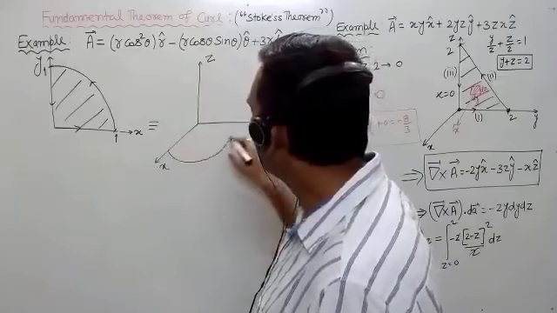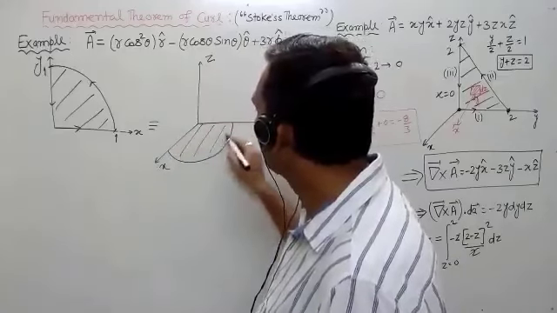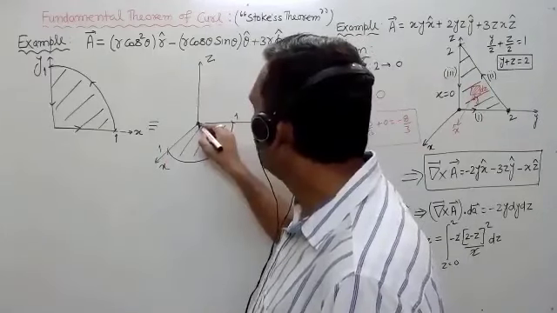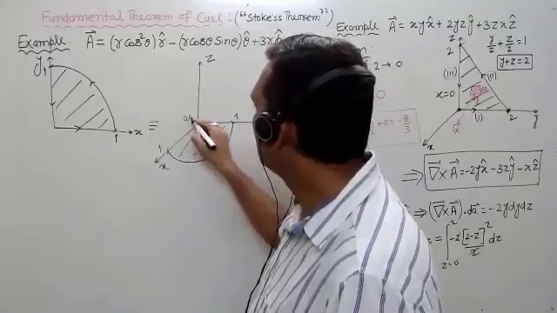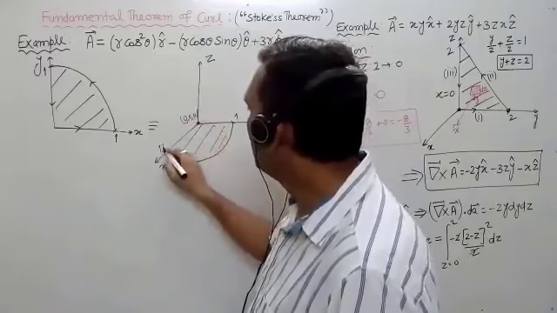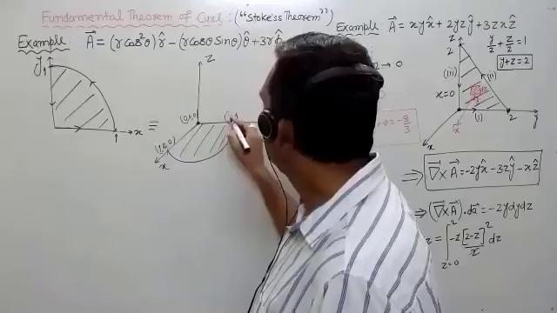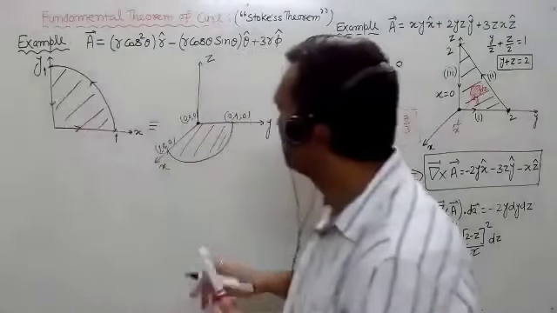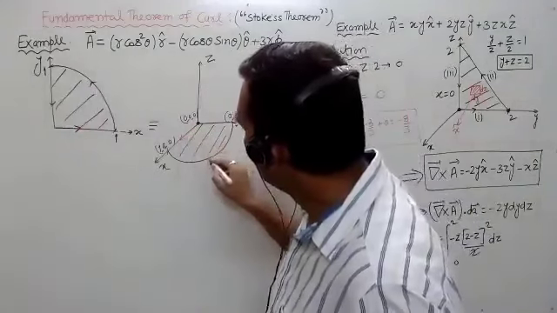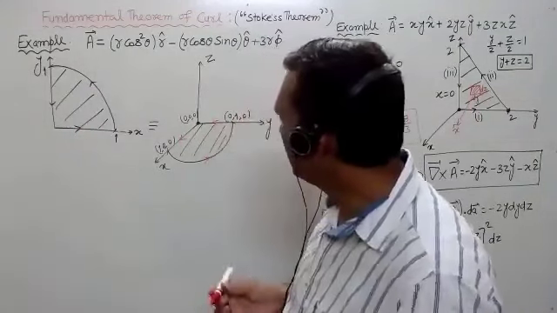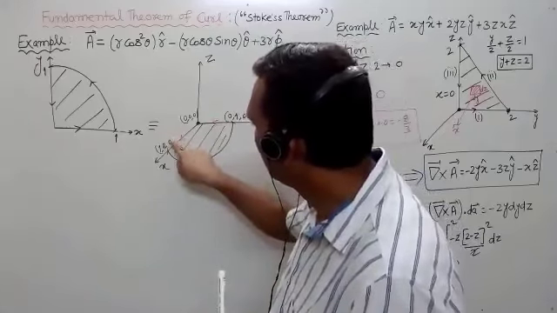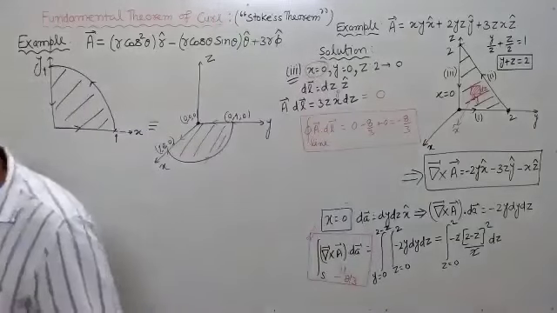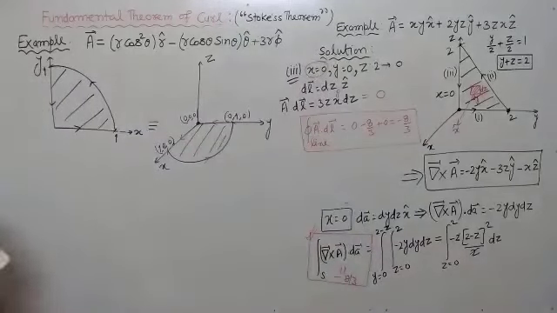Now this circular arc is in the xy plane. This is 1, this is 1, and this is the origin, 0, 0, 0. So this point will be 1, 0, 0, and this will be 0, 1, 0. This is the direction of integration. So now you can easily compare with spherical symmetry.